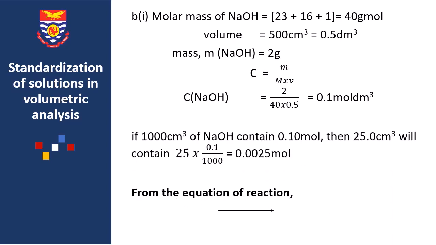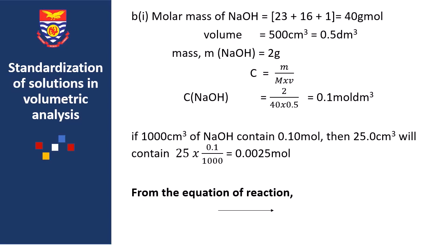So if 1000 cubic centimeters of the base contains 0.1 mole, then the volume that we used will contain what? Now get this clear. It is like a big solution has been prepared in a big container, and the total volume is 1000 cubic centimeters with a number of moles of 0.1.